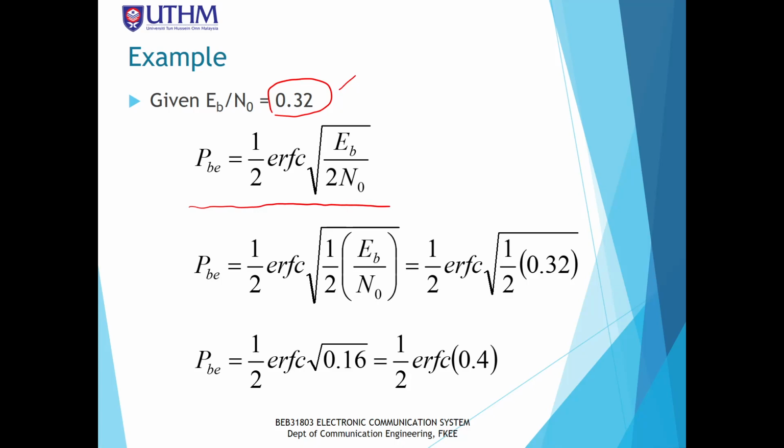So what we need to do is put 0.32 inside the equation, for EB over N0. So it is 1 over 2 ERFC square root of 0.16, which is 1 over 2 ERFC 0.4, or 0.40.